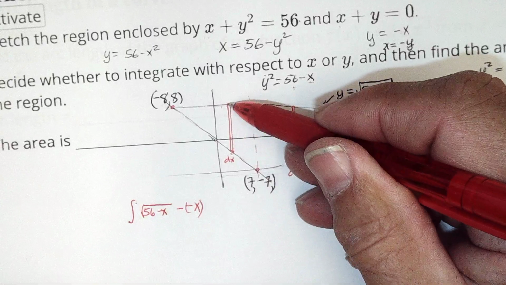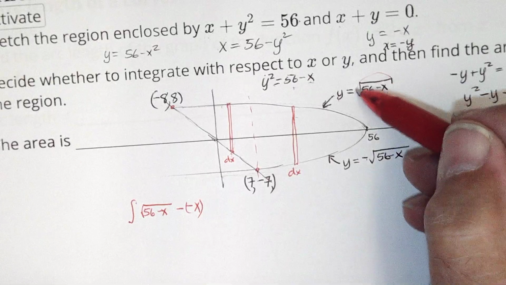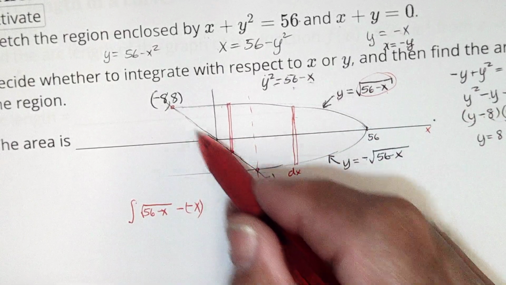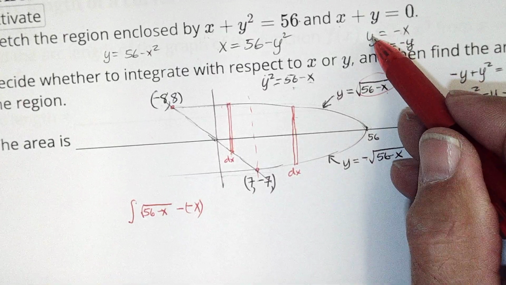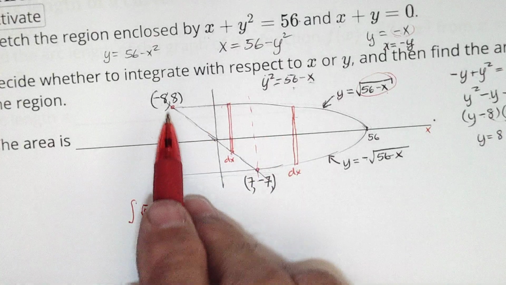Because this is the y value for this curve, and the y value for that curve is negative x. And I've got to integrate this.